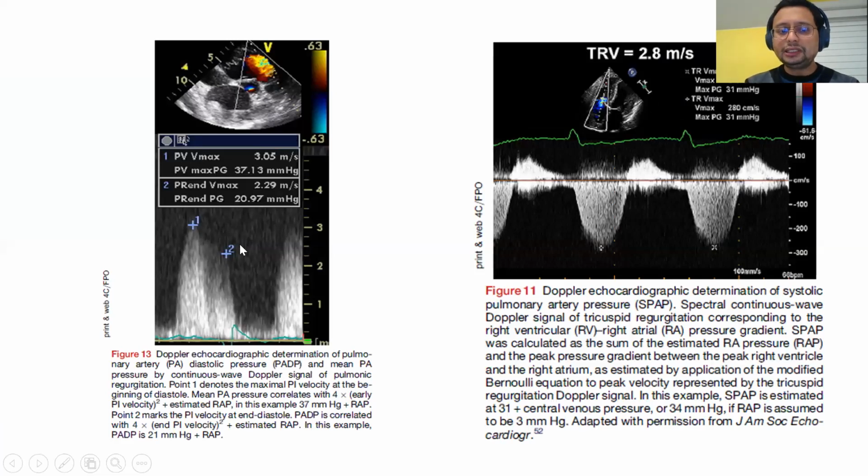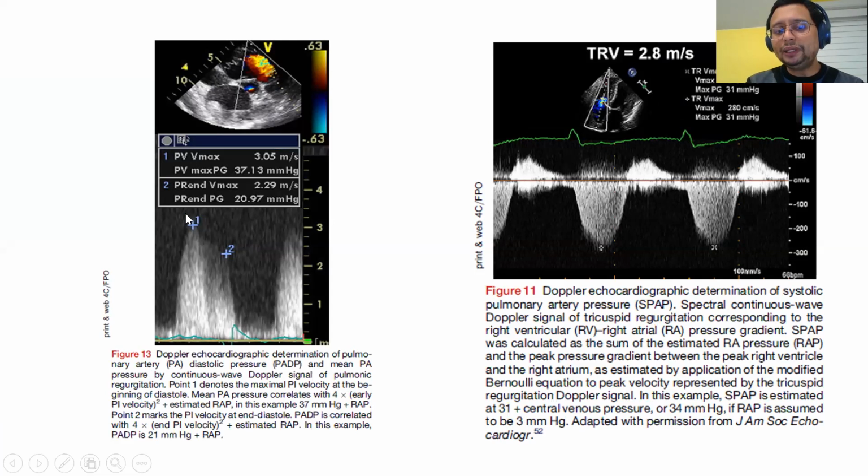Now this is the end-diastolic gradient. You can see that the gradient is 20.97. Let's say you take an RA pressure of 8 millimeters of mercury. So 20 plus 8 is 28.9. That 28.9 is the pulmonary artery diastolic pressure.